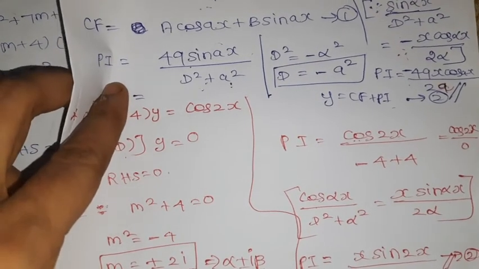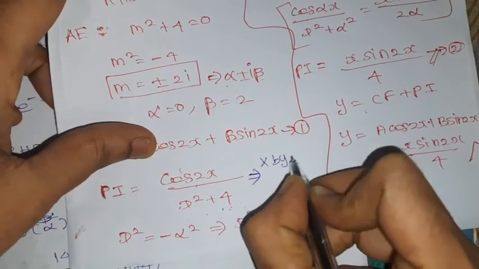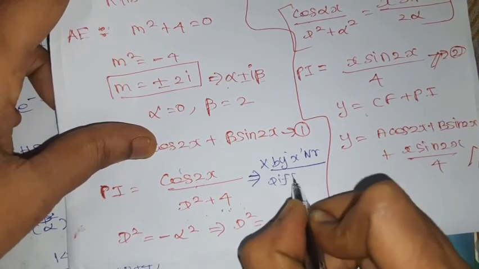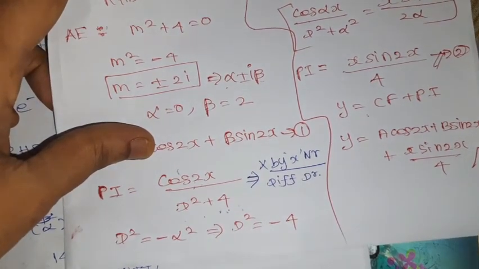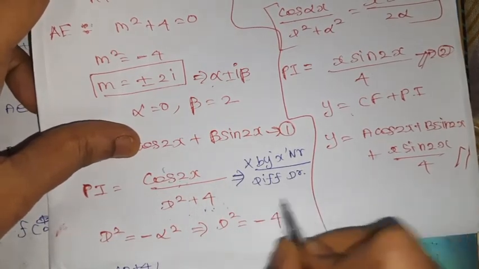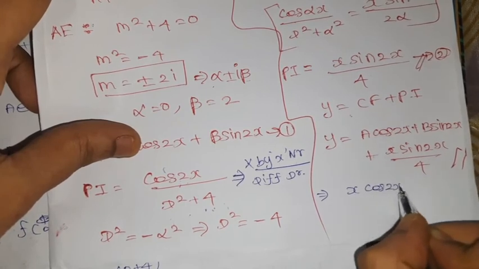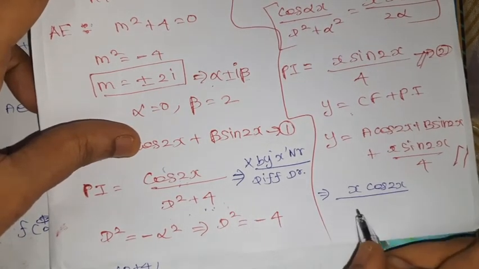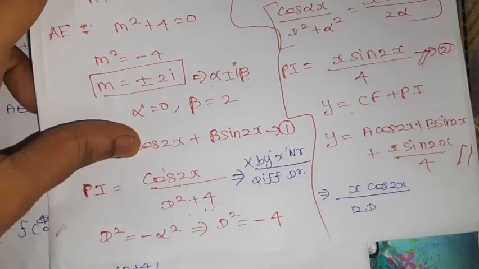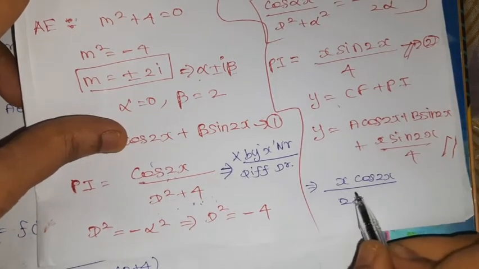Just multiply by x in the numerator, and differentiate the denominator. We should not forget this. So multiply by x in the numerator: x cos 2x divided by the derivative of the denominator. The denominator gives 2D, and the constant is 0 when differentiating.